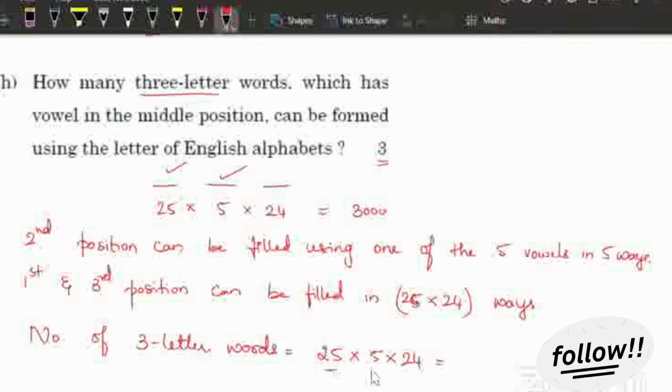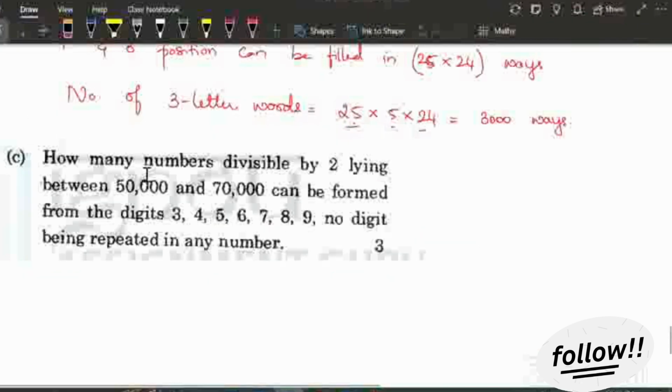I hope you understand why we are taking it in this particular order. For first position, 25 ways. For second position, 5 ways. And for third position, it is 24 ways, which gives you 3000. A very simple question, and you can get 3 marks.